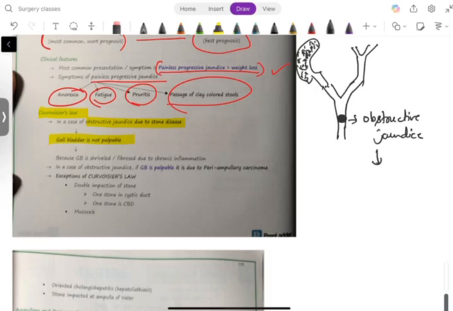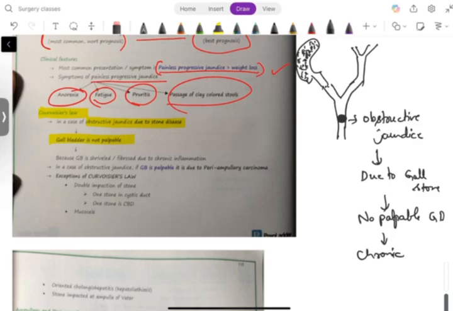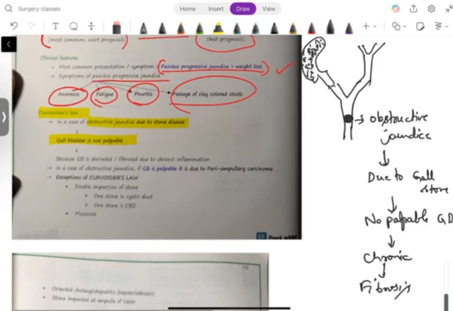So in case of obstructive jaundice due to gallstone, there will be no palpable gallbladder because it is chronic and gallbladder has got fibrosed. This law is called as Courvoisier's law.